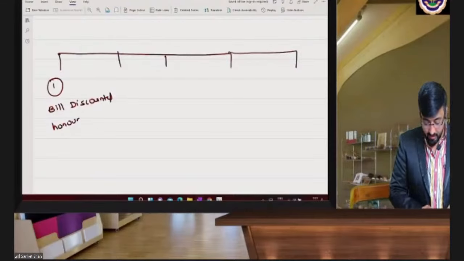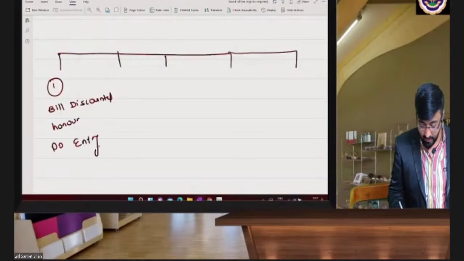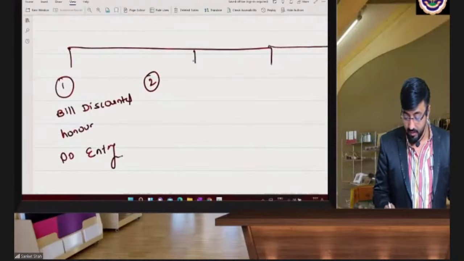Tell me fast. And the correct answer is no entry. Let's see who is playing very well. No entry is the first answer.